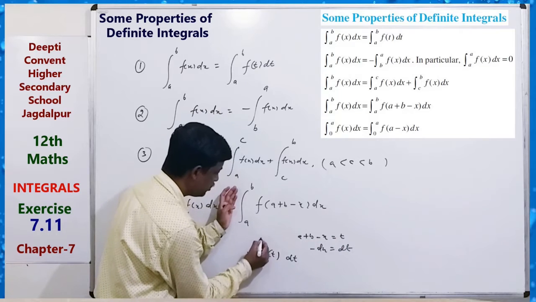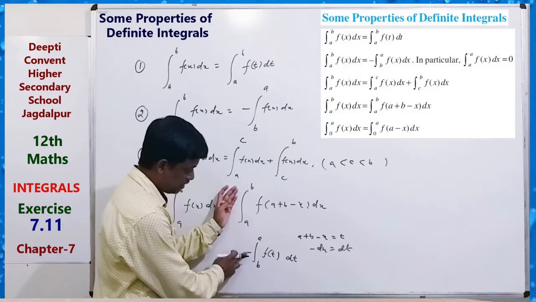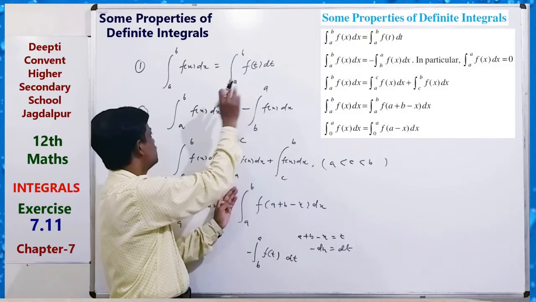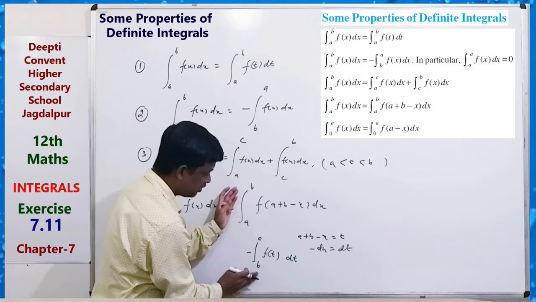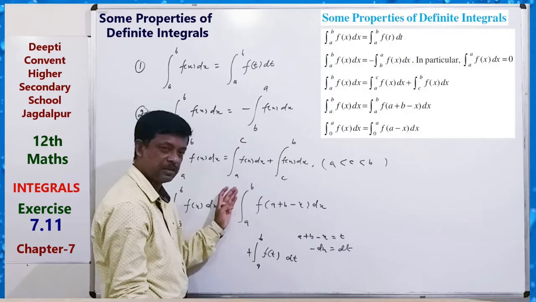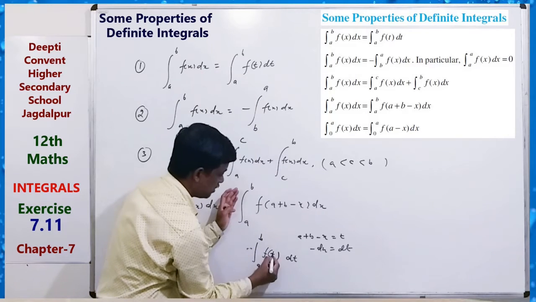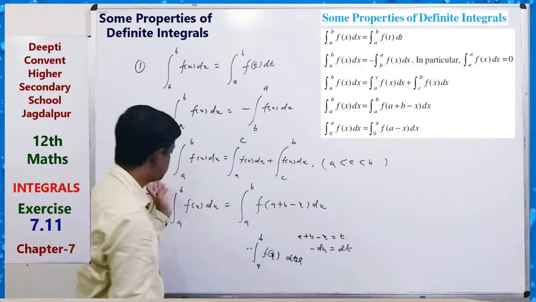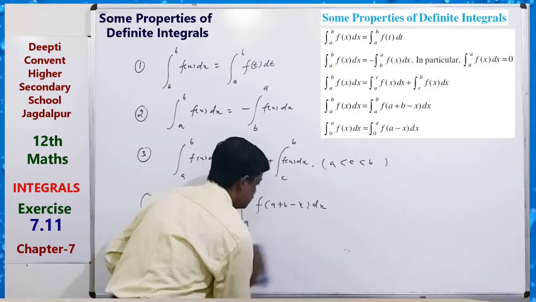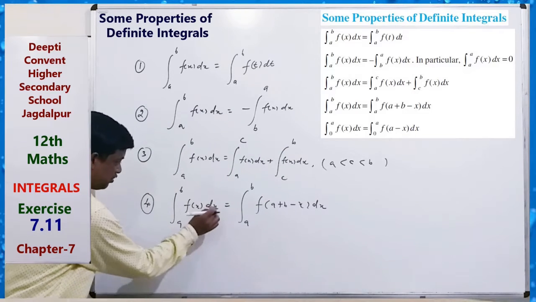So the limits become b to a, and the minus sign can be cancelled out by inverting the limits. So it is a to b with a plus sign, and f(t) dt means f(x) dx. That is property 4. This is a very important property.